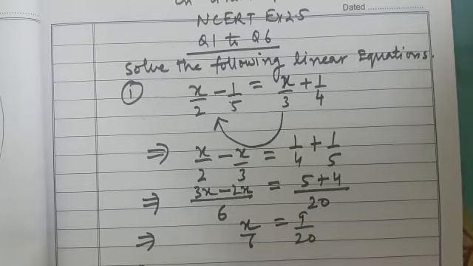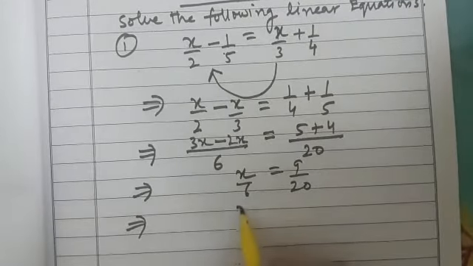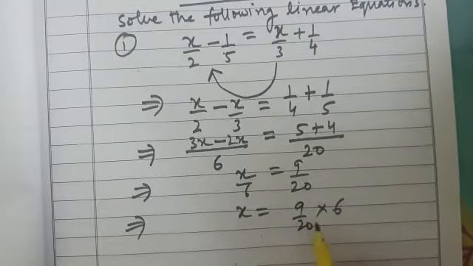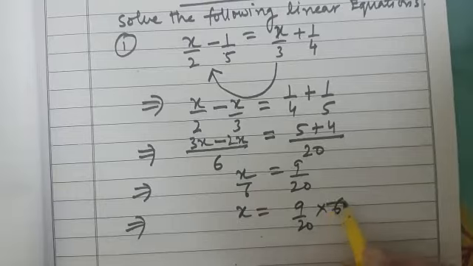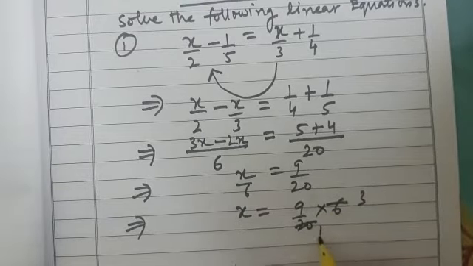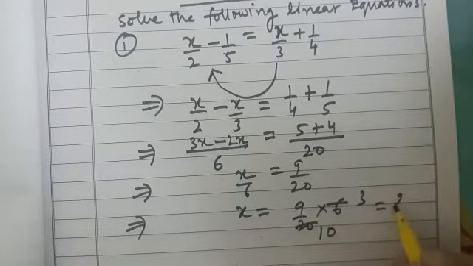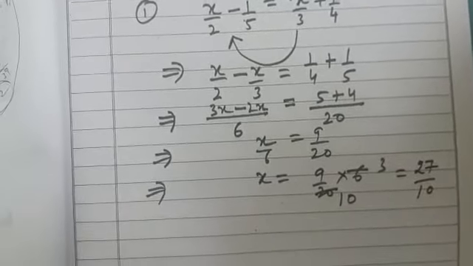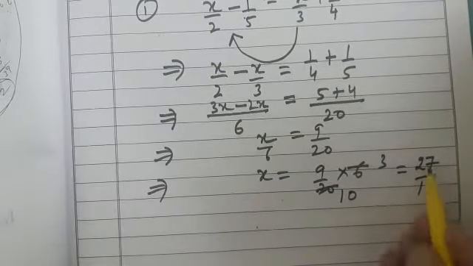So what will be the value of x? Yes, x will be equal to 9 upon 20 into 6. Simplify this. Yes, we can cancel this. So what is the answer? Answer is 27 upon 10. So value of x for the first question is 27 upon 10.